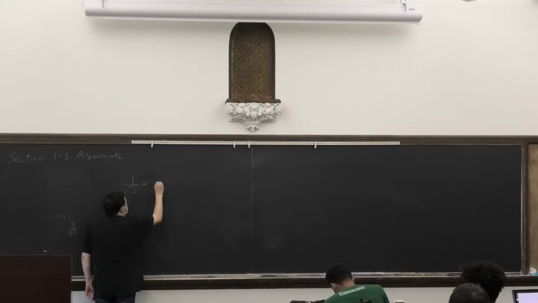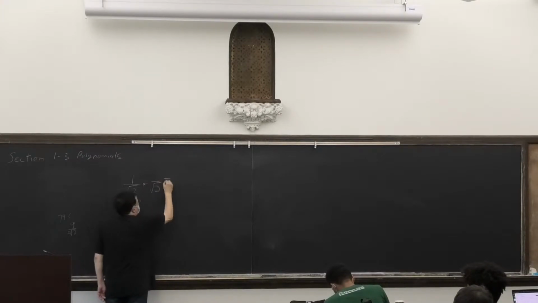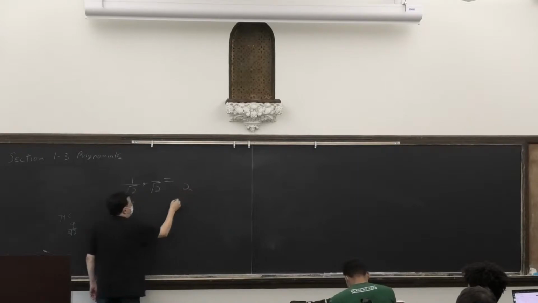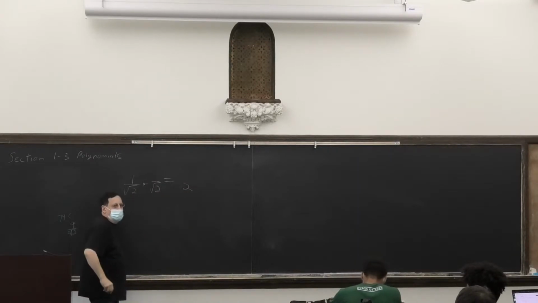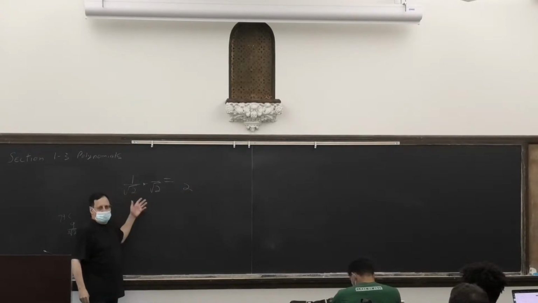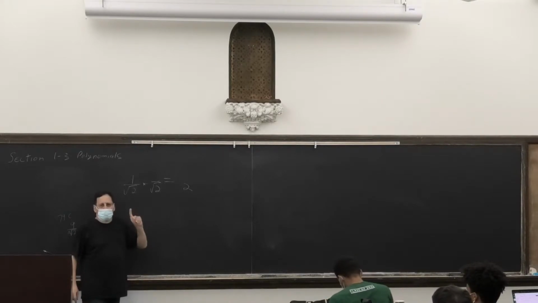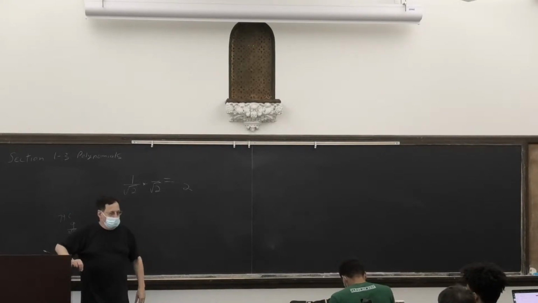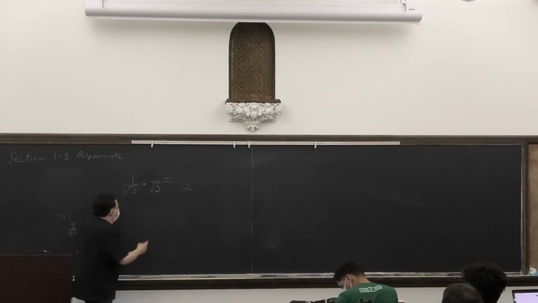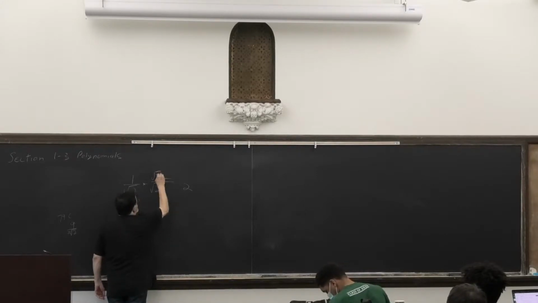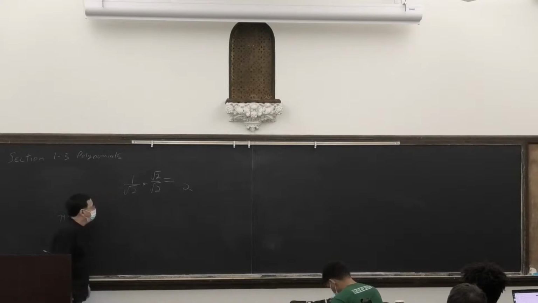Well, you want to multiply by square root of 2 in the denominator, so this will be 2. But you can't just multiply this by any old thing. You have to multiply it by 1. That was the identity property we talked about on Thursday. Well, how do I make this 1? There we go.